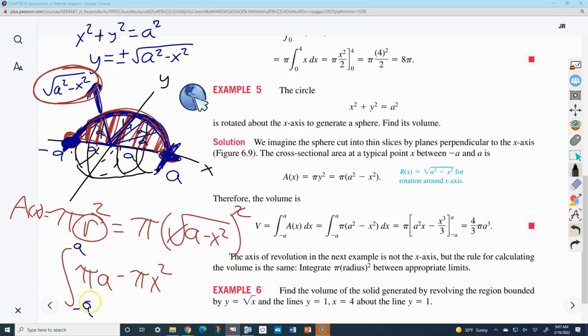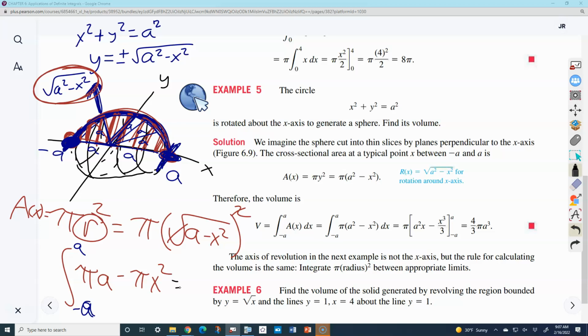And a is not a variable, it's a constant. It's a general constant. So I don't have to treat a as a variable here. It's just like a number. So if I integrate this term, that's just a number. Pi a is just a number.